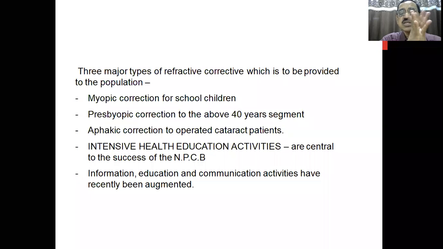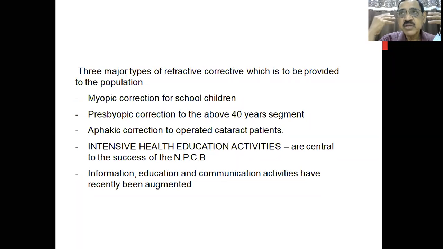Aphakic correction is to be given to operated cataract patients. Nowadays it's not a problem, because we always do an intraocular lens implantation after an extracapsular cataract surgery.